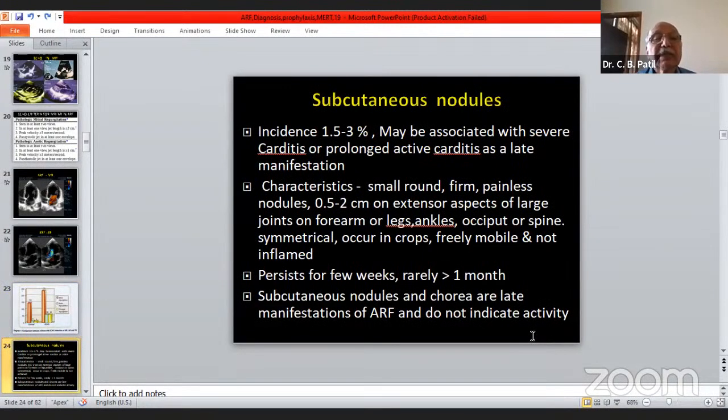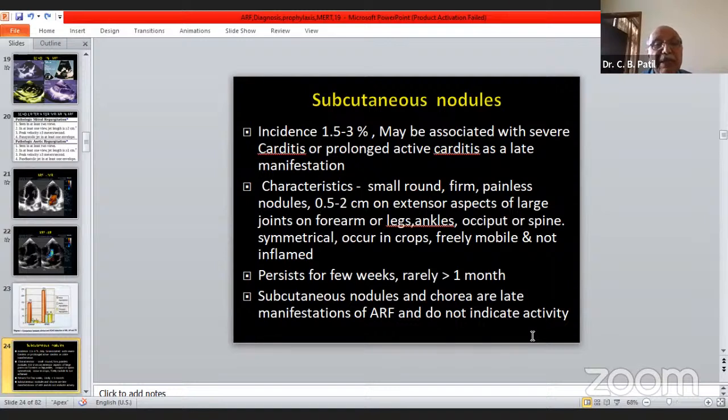Subcutaneous nodules: incidence is hardly 1.5 to 3%, may be associated with severe carditis or prolonged active carditis as a late manifestation. Characteristics: small, round, firm, painless nodules, almost 0.5 to 2 centimeters, on external aspects of large joints, on forearm or legs, ankles, rarely occiput or spine, symmetrical, occur in crops, freely mobile and not inflamed.